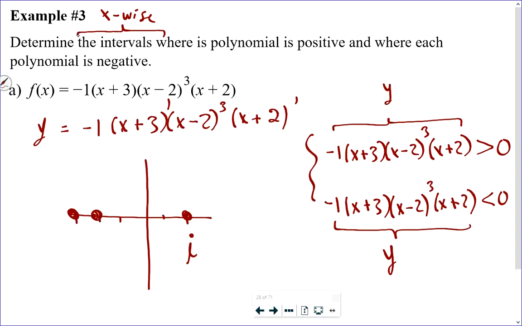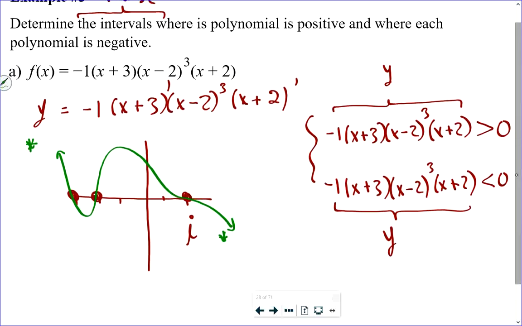The right arm is down because it's negative x to the 5. The graph will start here and end here. The only way to do that is to do the following: through, up, and through with an inflection point. This is what the polynomial function looks like. I mean, roughly.